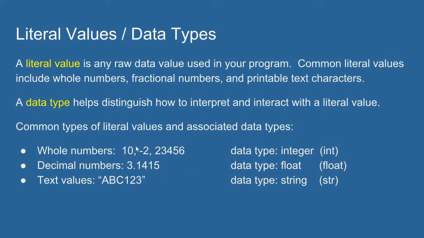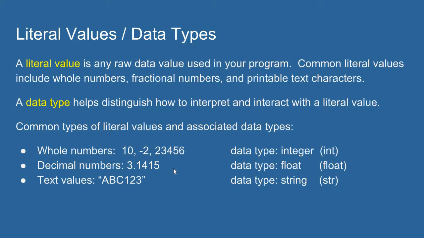So some of the common types of literal values we're going to be working with and their associated data types are as follows. When we want to work with whole number values, we are going to use the data type integer. So an integer describes a whole number value. We can look at the type int here.